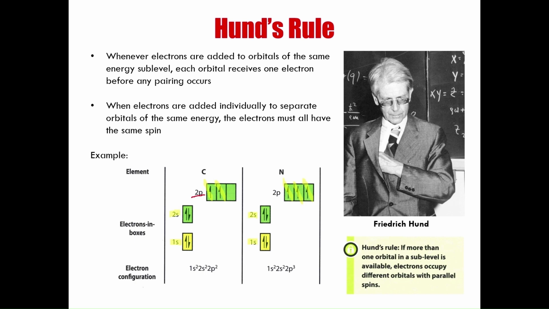Again, this occurs before pairing happens. Look at nitrogen: each one of those 3 electrons in each of the p orbitals is facing up. They're all spinning with a positive spin. You must fill each one of those orbitals with a positive spin before you can pair with a negative spin.